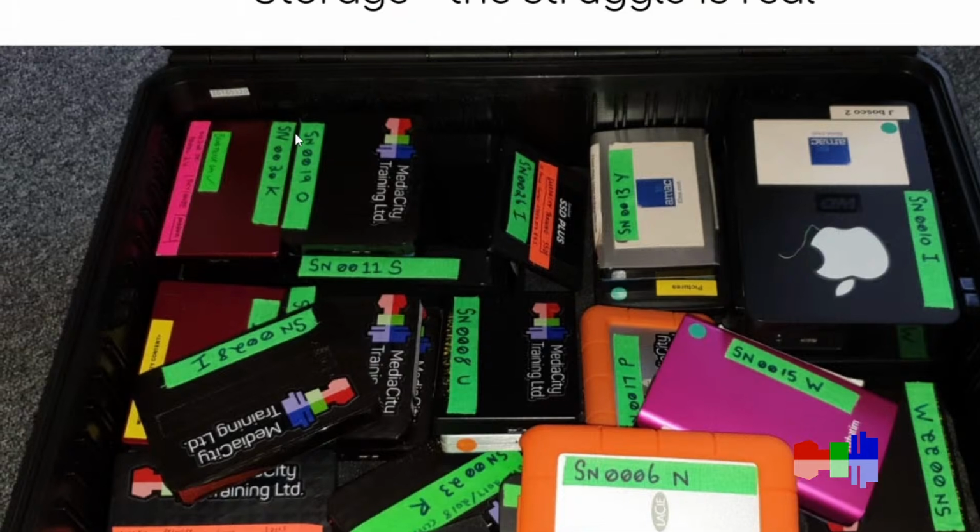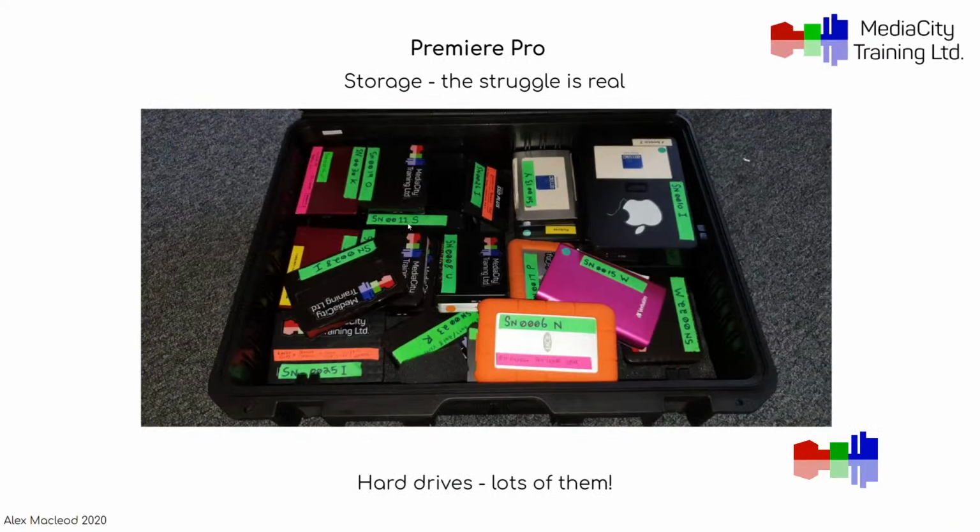So if at any point someone says to me, right, what's on this drive here? Well, I've given them a code. So SN, that's serial number 0011S. I can check what's on that. I don't think I've got it on my machine here, but basically, what you do is you double click it once you've indexed it and it launches up a browser that shows you all the files on that drive. You don't need to plug the drive in.